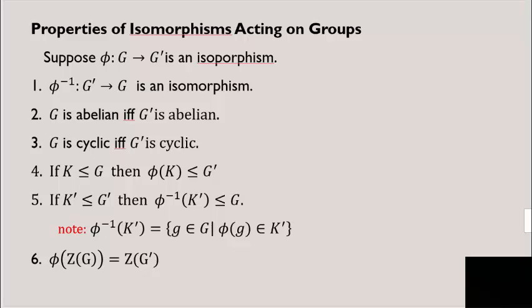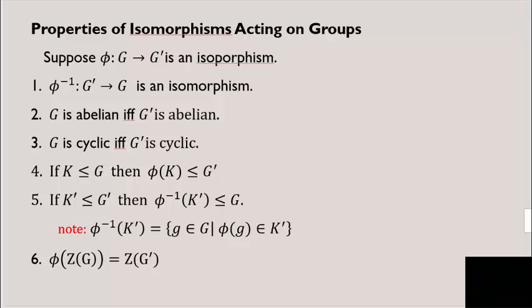Now, these properties of isomorphisms give us some conclusions that we can make about the groups between which the mappings are defined. So suppose that phi maps G to G prime is an isomorphism. It's a 1-to-1 onto map that preserves the operation. Well, if it is, then phi inverse, we know it exists.